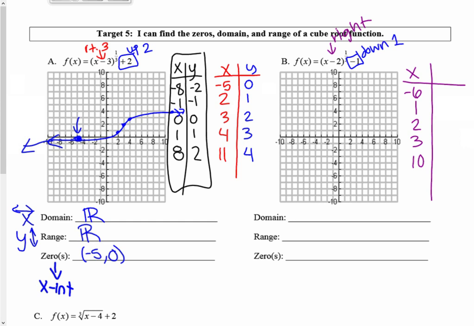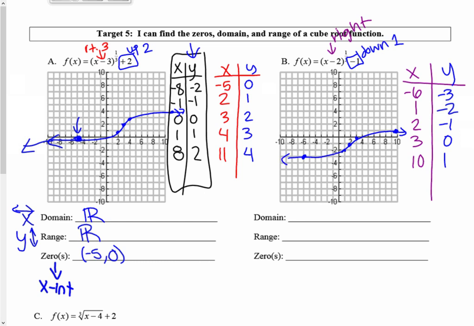So I have to subtract 1 from all of my y values in that parent function. So I have -3, -2, -1, 0, and 1. So at -6, I'm at -3. At 1, we're at -2. At 2, -1, at 3, 0, and at 10, 1.